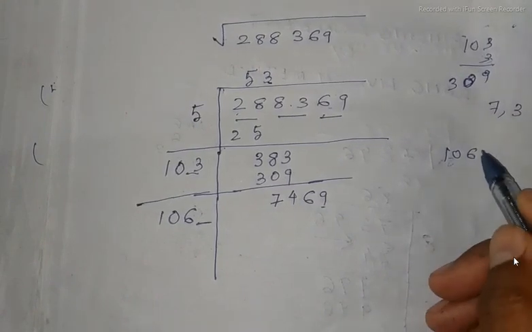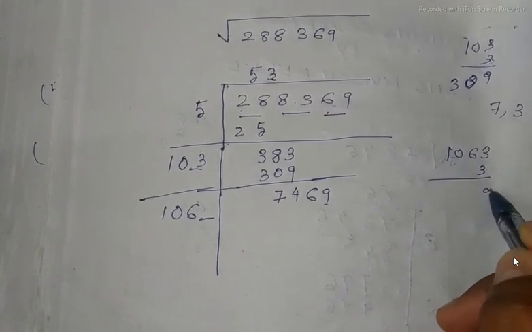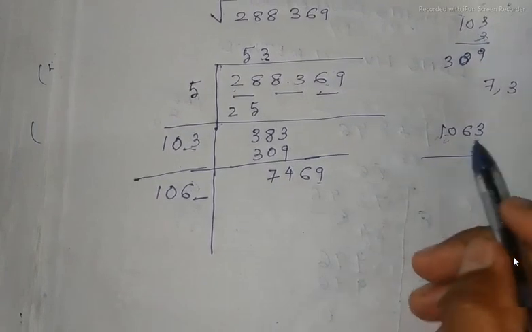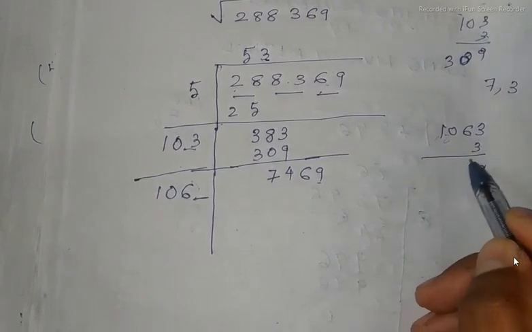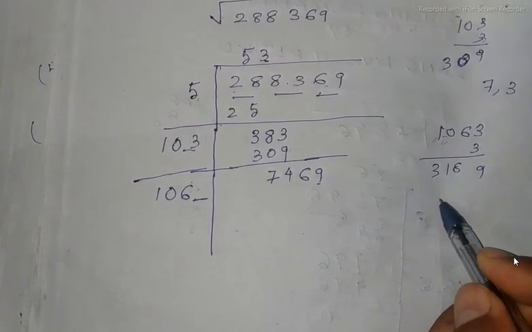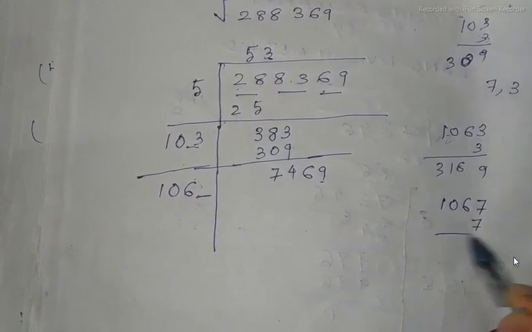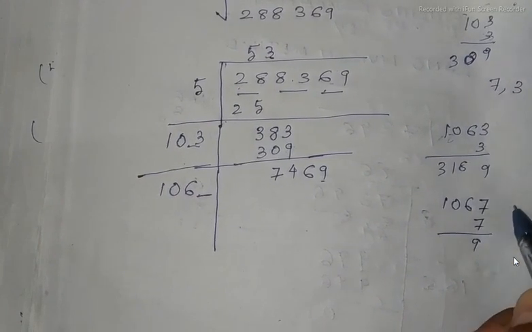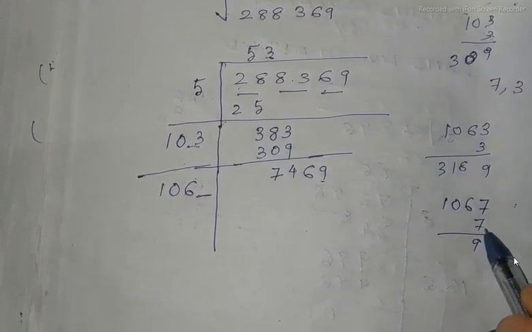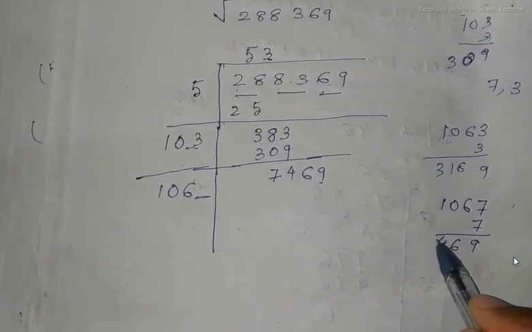First I am taking it by 3. 3 3s are 9. Then I am taking by 7, 7 7s are 49.